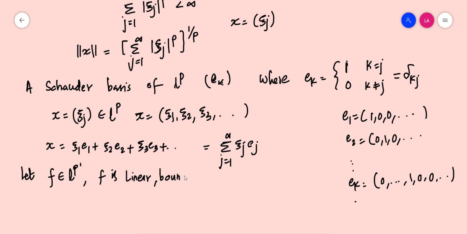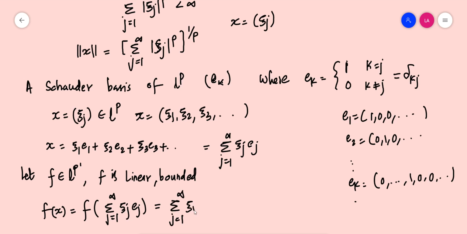Then f of x should be equal to, by definition, f of the summation j equal to 1 to infinity theta j Ej, which by linearity is the summation j equal to 1 to infinity theta j times f of Ej, which can be written as the summation j equal to 1 to infinity theta j times gamma j, where gamma j is equal to f of Ej.